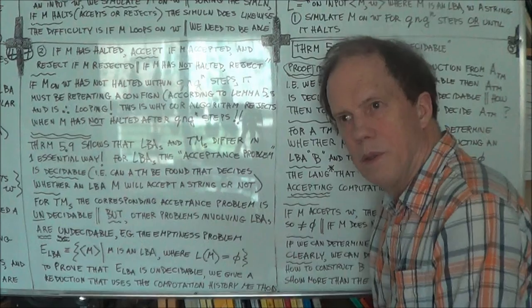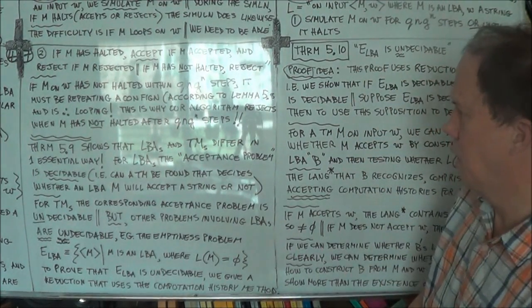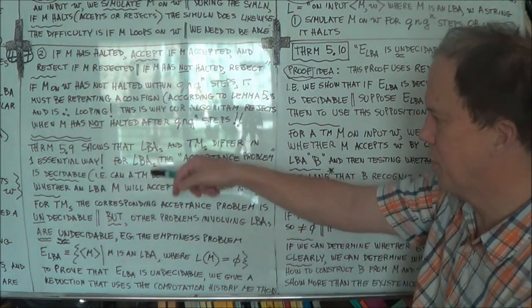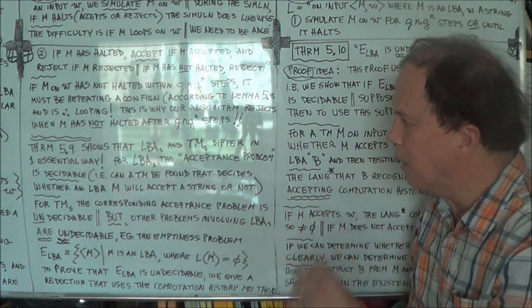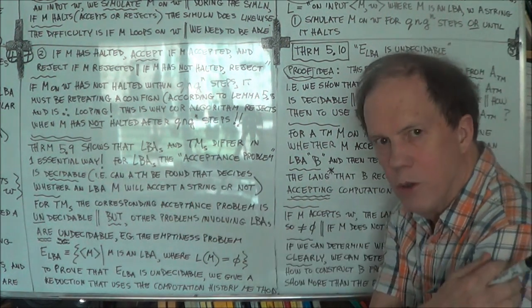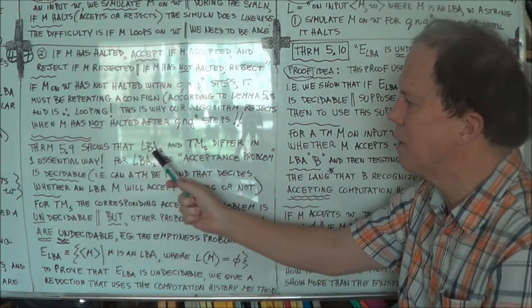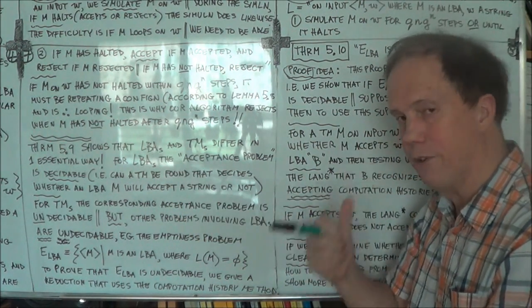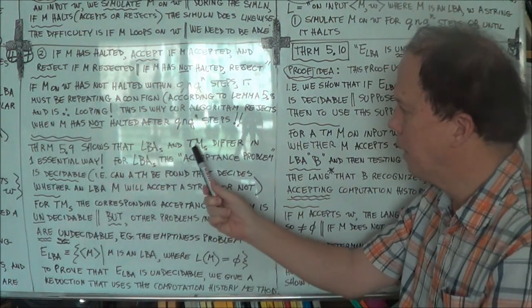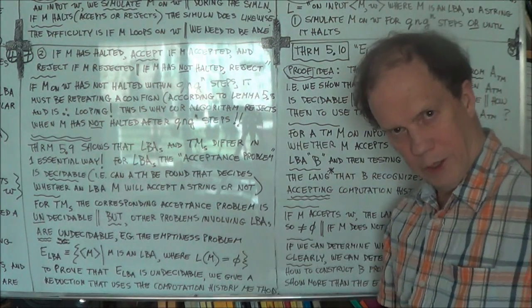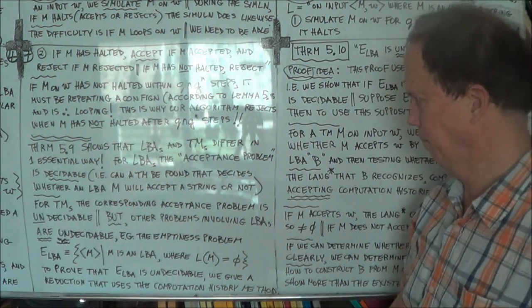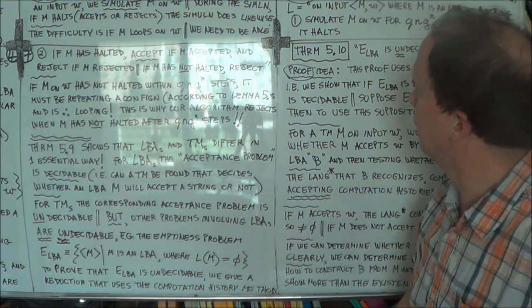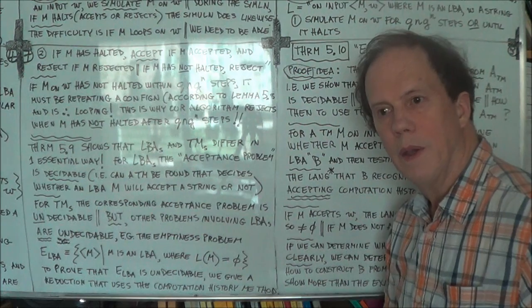In this session we will, with a bit of commentary at first, look at some of the differences between LBAs, these constrained Turing machines with finite tape length, and ordinary Turing machines with infinite tape length. So we'll talk a little bit about some of the differences between them, and then we'll get into a new theorem.